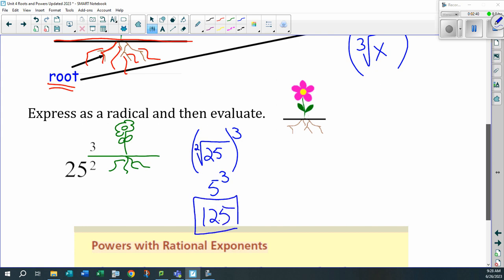Oh my goodness, you're kidding me. No. But I have a lot of people say, well, can you do the power first and then the square root? You certainly can, because think about it. You can go here and you can say, oh, 25 to the power of 3, because that is the power, right? And then square root the whole lot. Sure, let's try. I don't know what 25 to the power of 3 is. I'm going to pump up my calculator here.